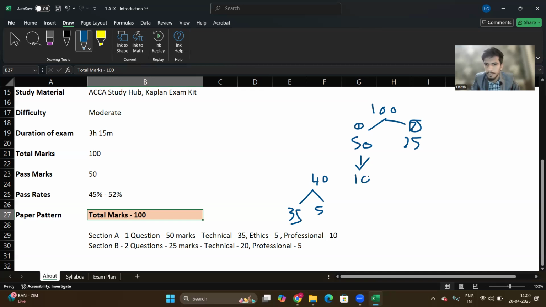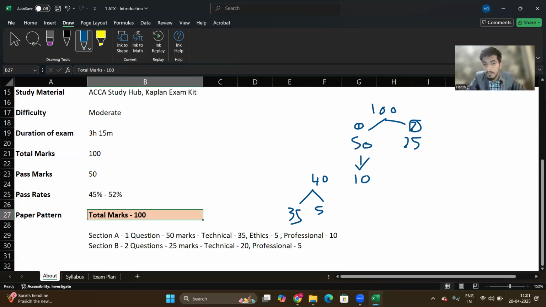सो 35 ये हो गया 40 मार्क, और 10 मार्क आपको मिल जाएंगे प्रोफेशनल, ठीक है। अब प्रोफेशनल में आपकी ड्राफ्टिंग स्किल्स देखी जाएगी, ठीक है। आपको अगर मेल लिखने को बोलेंगे, क्योंकि आप यहाँ पर एक रियल वर्ल्ड एग्जामिनेशन दे रहे हो, ठीक है। तो जैसे बोला जाएगा कि आप एक टैक्स एडवाइजर हो, तो आप अपने क्लाइंट को किस तरह से एडवाइस देंगे, ठीक है। तो उसमें आपको ऐसा बोला जा सकता है कि भाई उनको मेल लिख दीजिए, क्लाइंट को मेल करिए, ठीक है, और कोई और फॉर्मेट हो सकता है। सो यू हैव टू बी वेरी गुड विथ फॉर्मेट्स, दे रियली आर वेरी गुड attention taker from examiner.